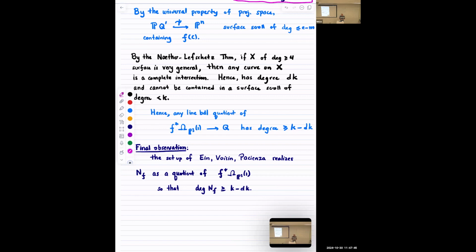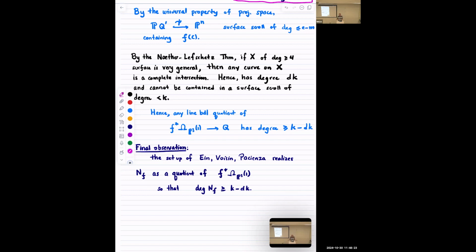So the final observation is that this normal bundle of the map f arises as a quotient of this f upper star of omega P3 of 1. So in particular, this gives the lower bound on this normal sheaf of f. And this part comes from the setup of Ein, Voisin, Pacienza, and so on and so forth, where the idea, you see, is that it's hard to get positivity from just one hypersurface, but as Professor Xu explained, it's better to look at the universal hypersurface, and there you can get the positivity.